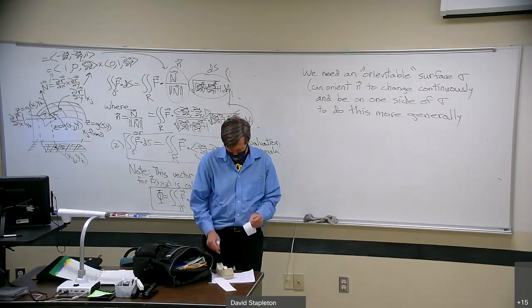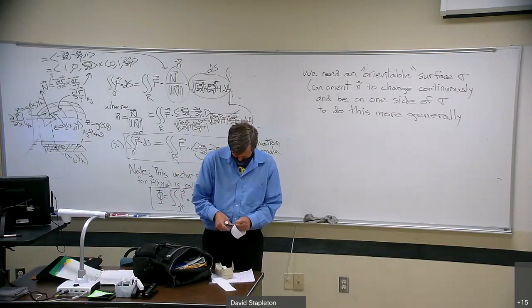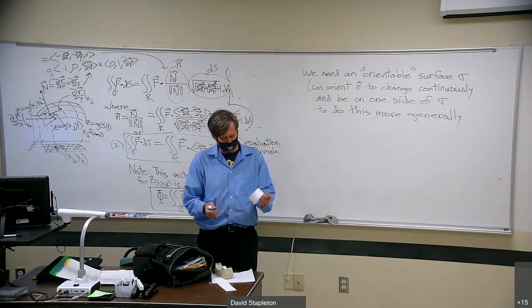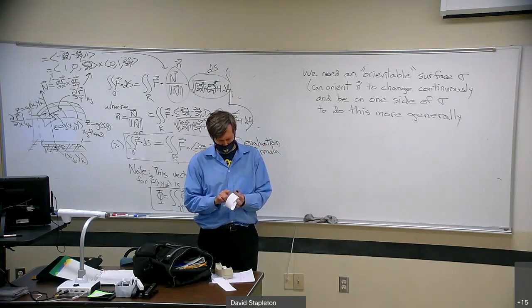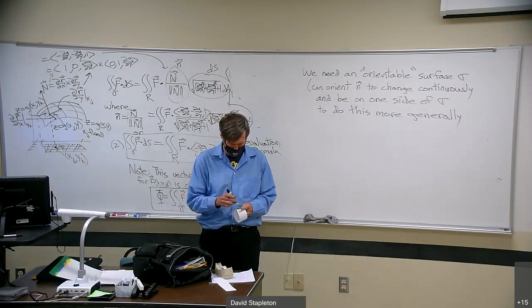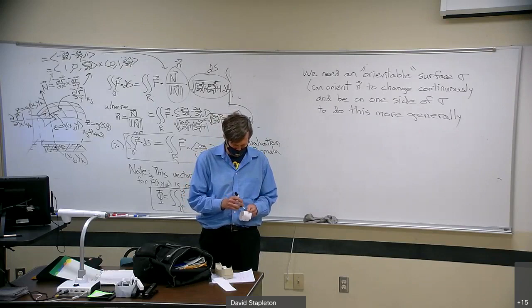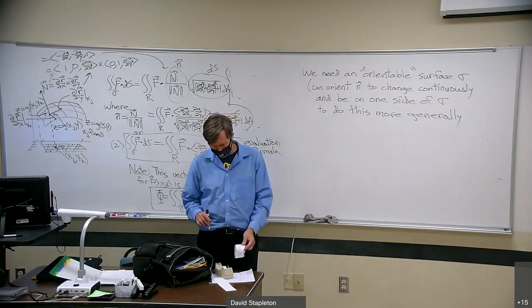There's an orientable surface, and it has a nice property that I can take this marker and draw a line way around it. And it's just got one side, right? The line is just on the outside. You can say there's an outside and an inside.